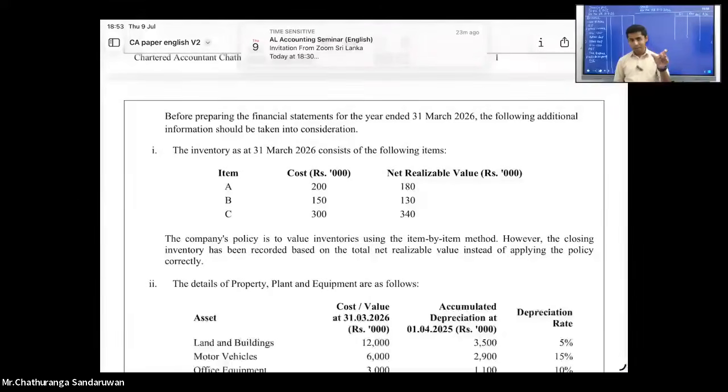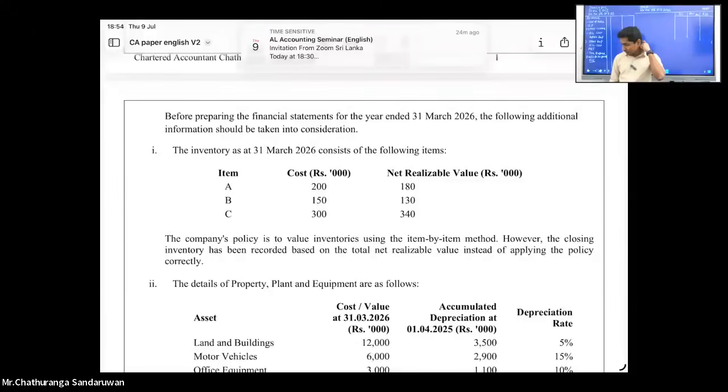If you can remember the item by item method, you have to take cost and NRV, which is net realizable value, whichever is lower for each item, not the total net realizable value, right? You take each item's cost and NRV, whichever is lower. So it seems that their method is incorrect, right? So we have to correct that error.